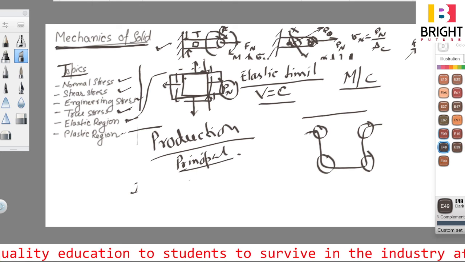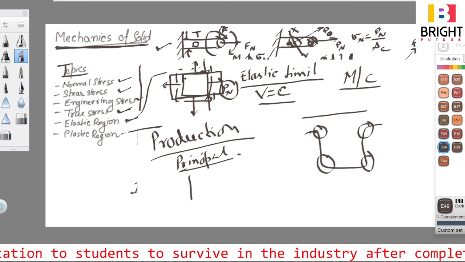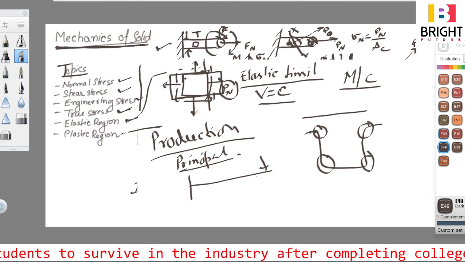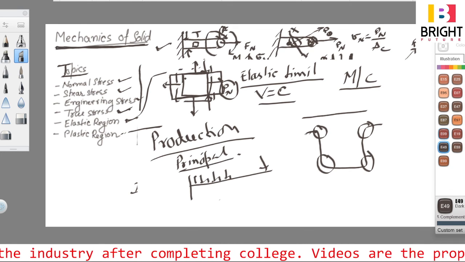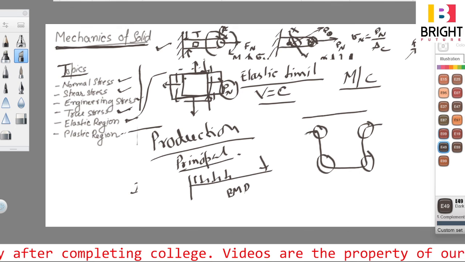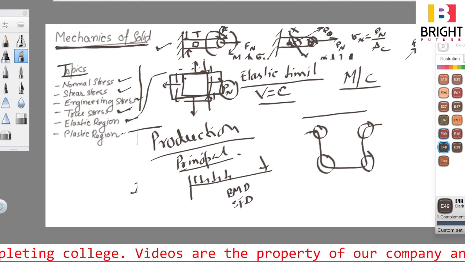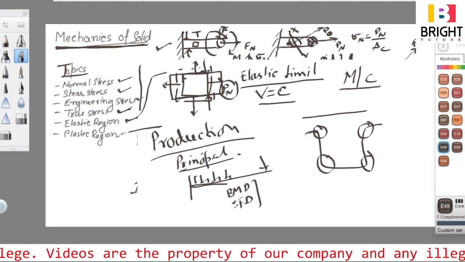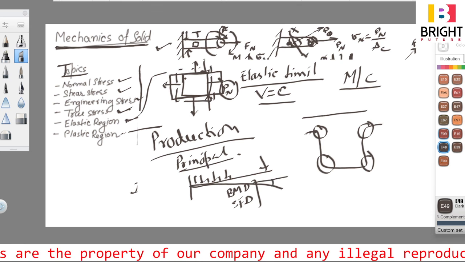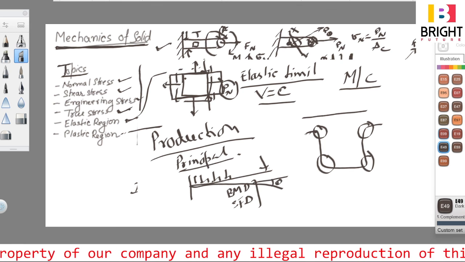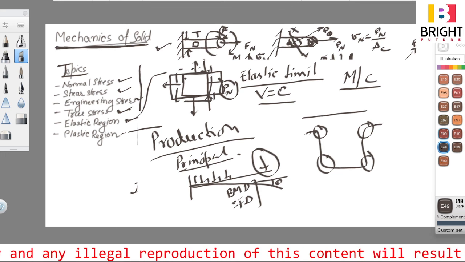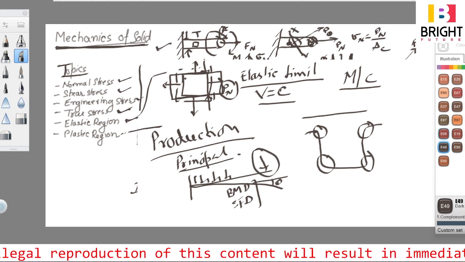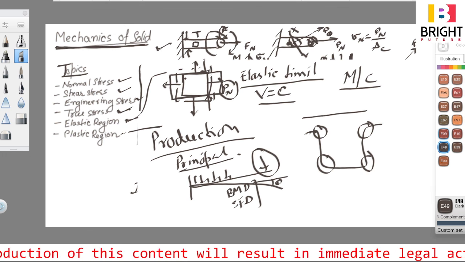And after that we will go for beams, where we will study the many kinds of loads applied, and we want to know what its bending moment diagram will be, what its shear force diagram will be, what its deflection will be, what its theta will be, and all these things will be studied. And not only under the application of one force, there can be many forces applied on that beam.